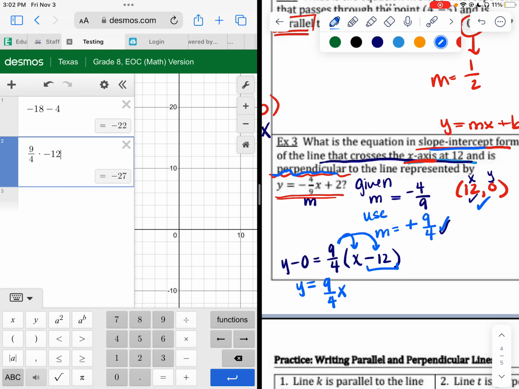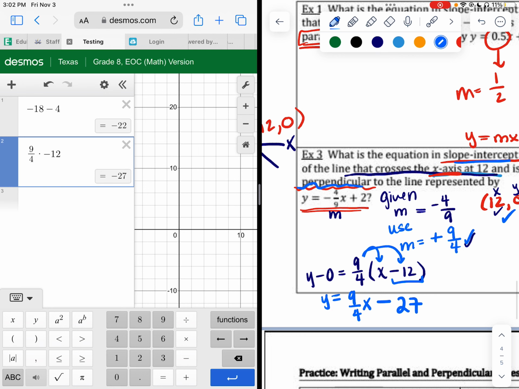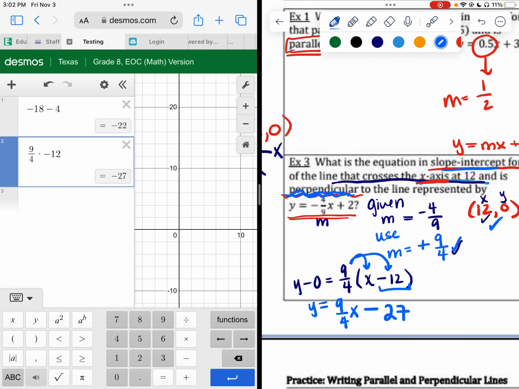Negative 27. Now it's in slope-intercept form. I can see I am perpendicular to what we started with. Opposite and flipped. There we go.